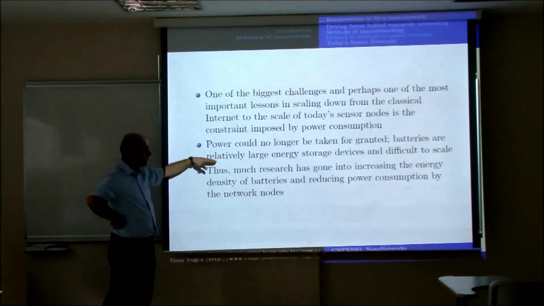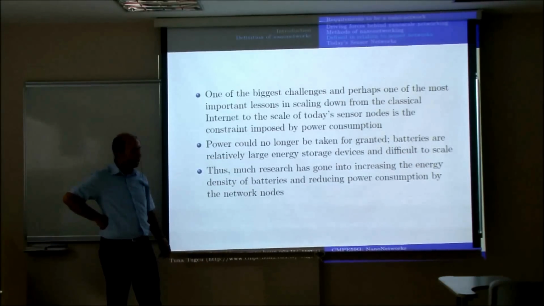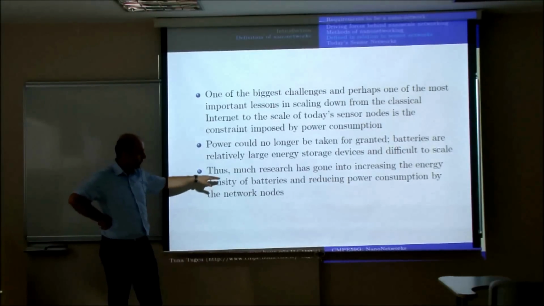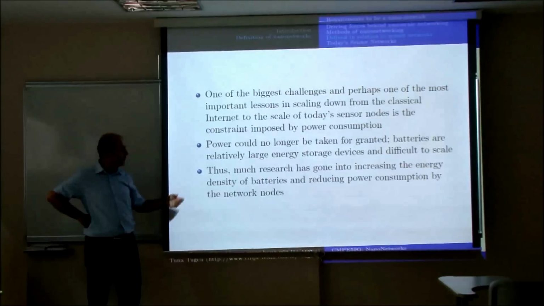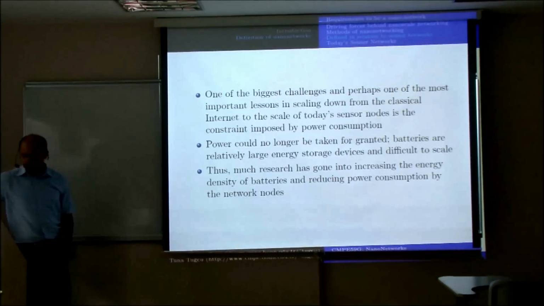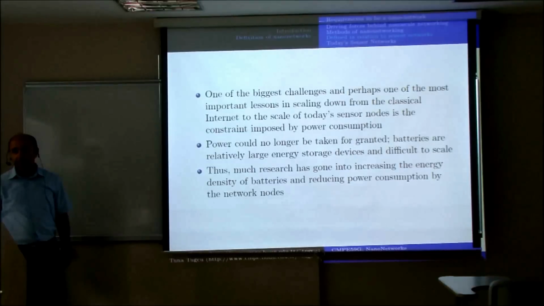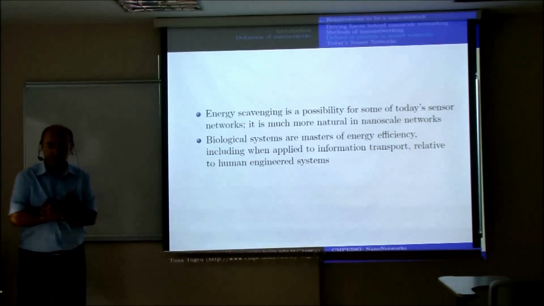So batteries are typically relatively large storage devices, and they're difficult to scale. So much more effort should be spent on working on the energy density of the batteries, or ways of energy scavenging to deal with this power problem.